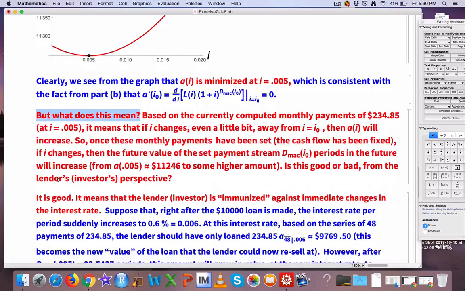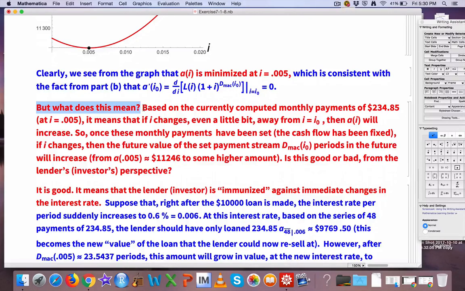This is the most important part. Take a breath. Be ready to write this down, or write down what I say to understand it. Based on the currently computed monthly payments of $234.85, this graph having a minimum there means if I changes even a little bit away from 0.005, then A of I will increase.